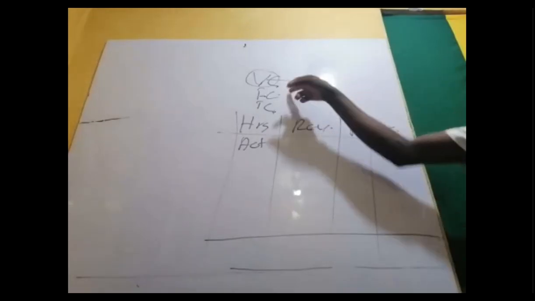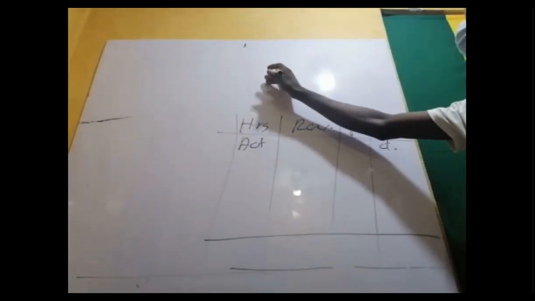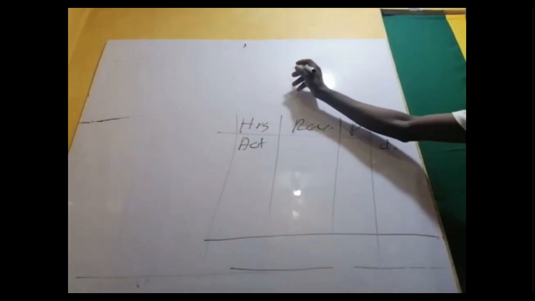Now the steps to find the variable cost under the high and low method. Step 1, locate the highest activity level.